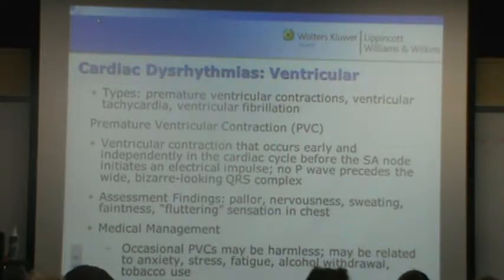So usually what we're going to see here, they're not going to have a P wave, and it's going to have a wide, bizarre looking complex. Remember, we're talking about a single complex here.